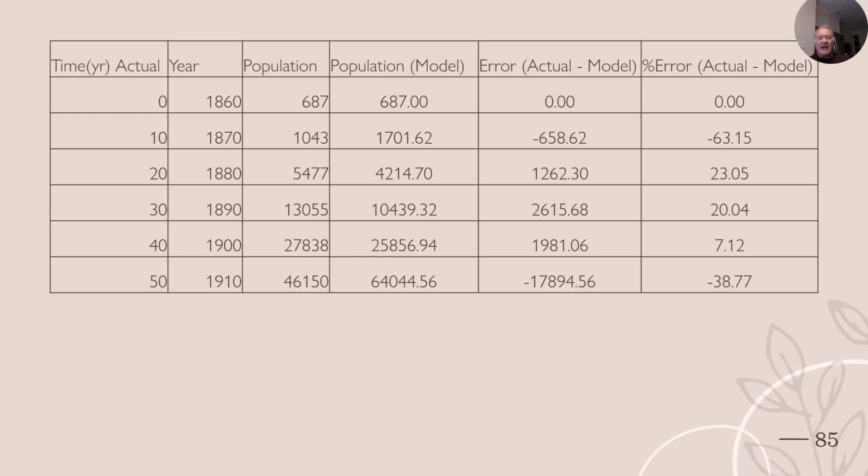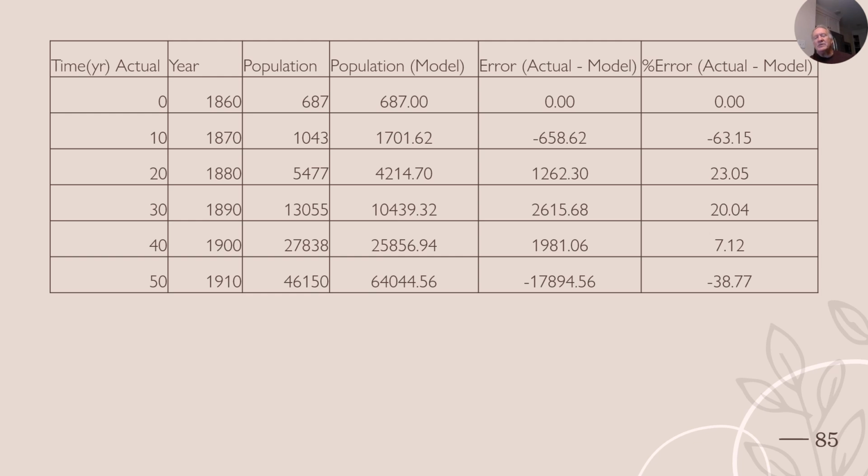And if I look at the actual error, that's just the population minus the model. So there's zero error the first time, and then for the next step, we have 1,000 minus 1,700, and so forth and so on.